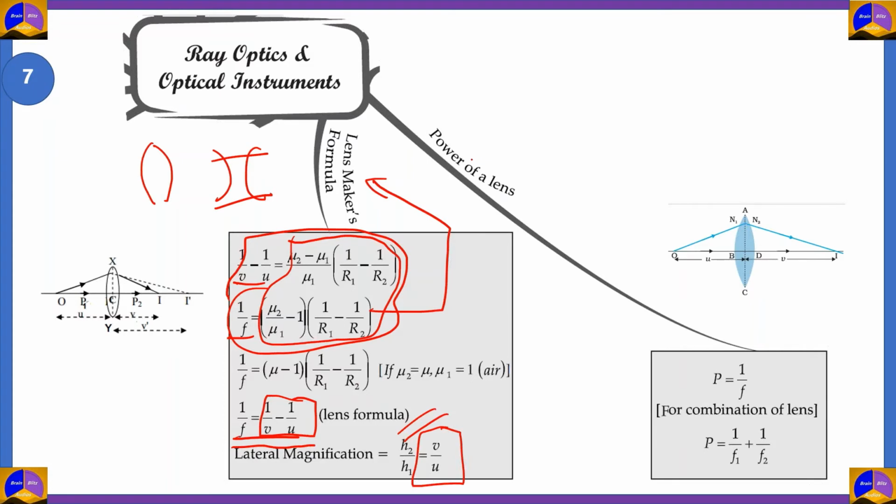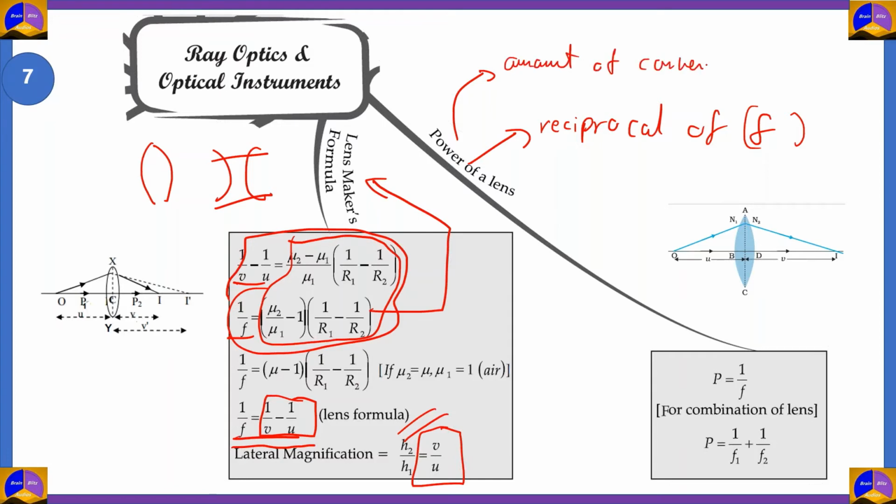Now, moving on to the power of a lens. Power is basically referred to numerically as the reciprocal of focal length, F. But if you're trying to define power, then we would write it as the amount of convergence or divergence achieved by a lens.